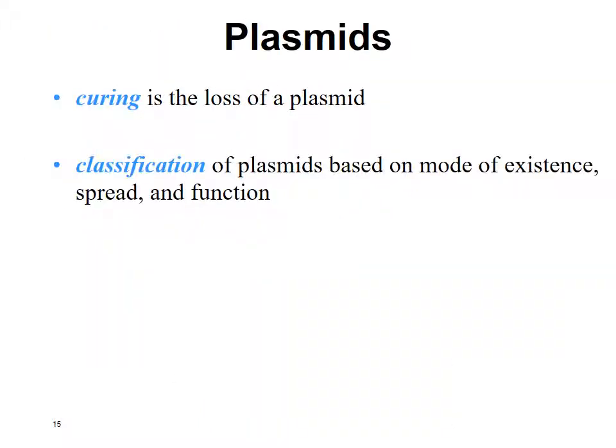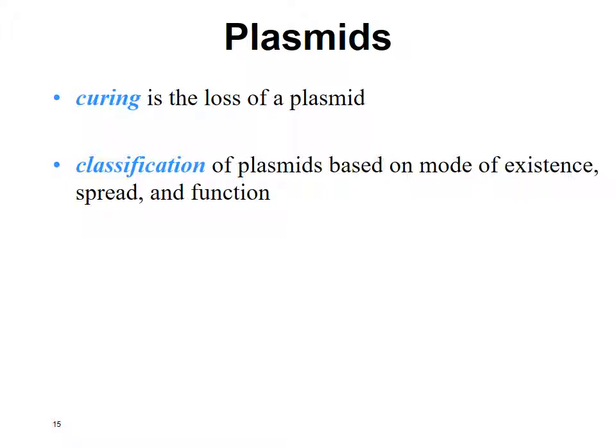Sometimes plasmids can be lost from the bacterial cell. This process is called curing. So, for example, plasmids could be lost as a result of UV and ionizing radiation, growth of the bacteria at excessively high temperatures, thymine starvation, and the presence of antibiotics.